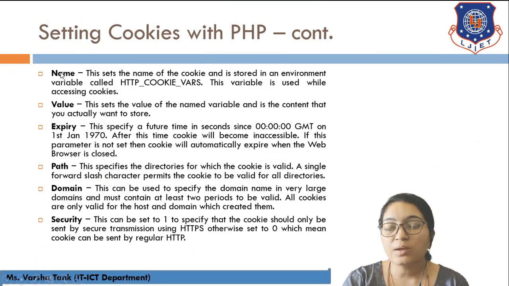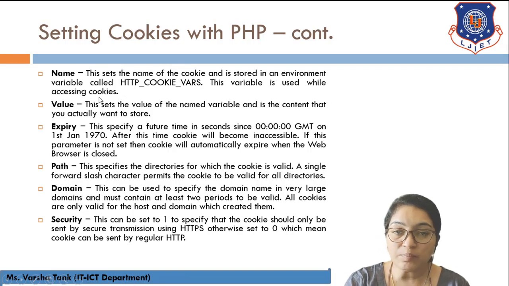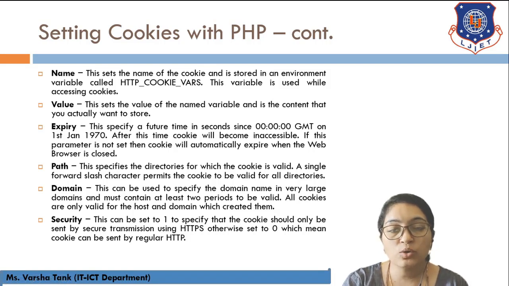Let's see. Name. This sets the name of the cookie and it is stored in an environment variable called HTTP_COOKIE_VARS. This variable is used while accessing the cookies. So this variable will be used to access the cookie. Then value. You are going to set the value of the cookie using this value. Then expiry.